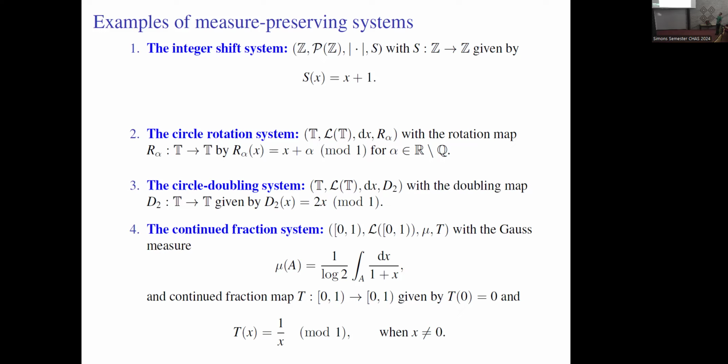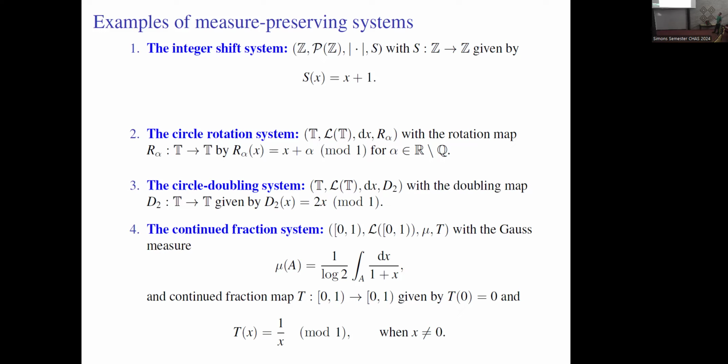And finally, what is in many situations very interesting and convenient is to see continued fractions as a dynamical system. The corresponding dynamical system for continued fractions is the interval [0,1] with the Gauss measure, which is the Lebesgue measure with this density, normalized to have total mass 1. The continued fraction map is Tx equal to 1 over x modulo 1 whenever x is nonzero, and 0 whenever x is 0.